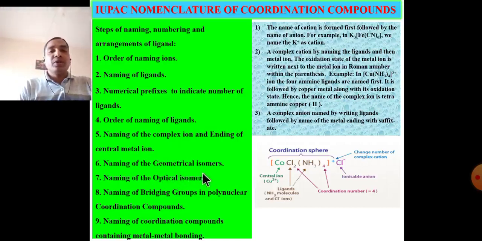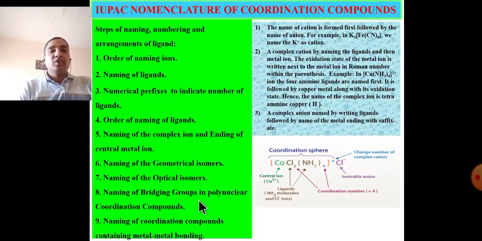Naming of geometrical isomers: if the complex is cis or trans, the prefix cis or trans is written before the name of the coordination compound. Naming of optical isomers: there are two types of optical isomers, dextro and levo, and D or L is written before the name of the complex.